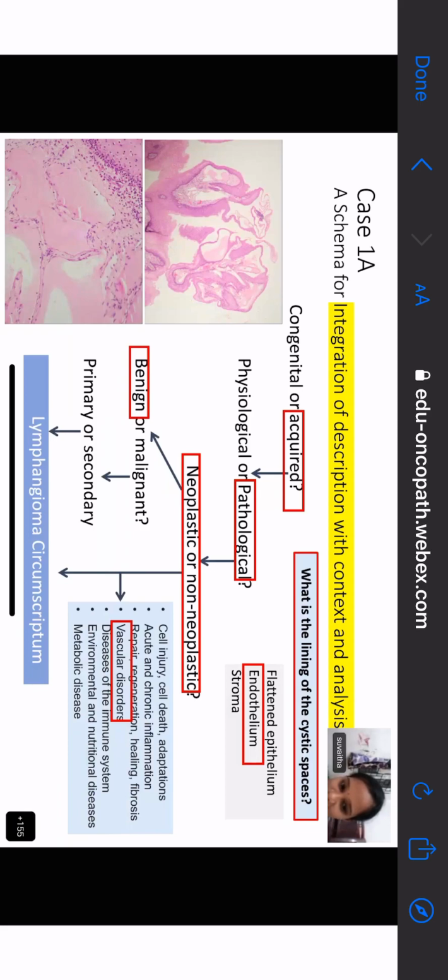And so you thought it was like a ranula? Yes, ma'am. But a ranula never has these kinds of dilated spaces where each space is completely lined by a flattened epithelium. Did anybody else think it was a ranula? I hope not. Okay, this is not a ranula.